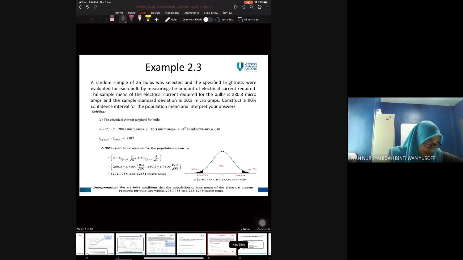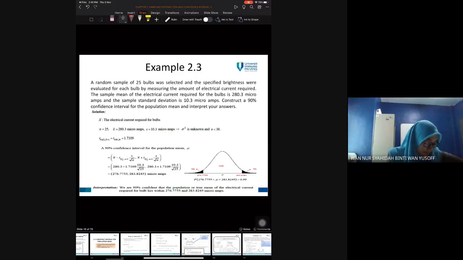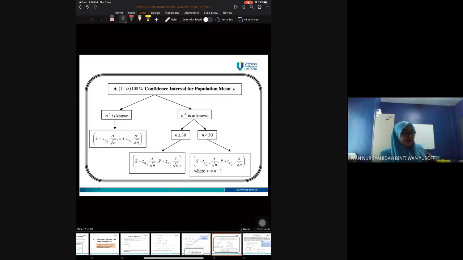Okay, so we go to the formula. The confidence interval for the population mean will be mentioned in your question, that you need to construct the confidence interval of something. That something will determine what parameter we have.